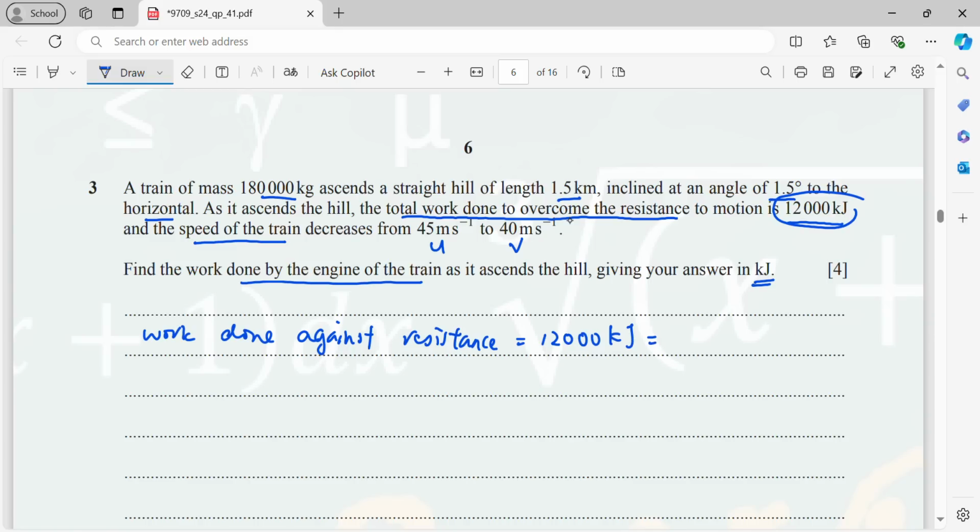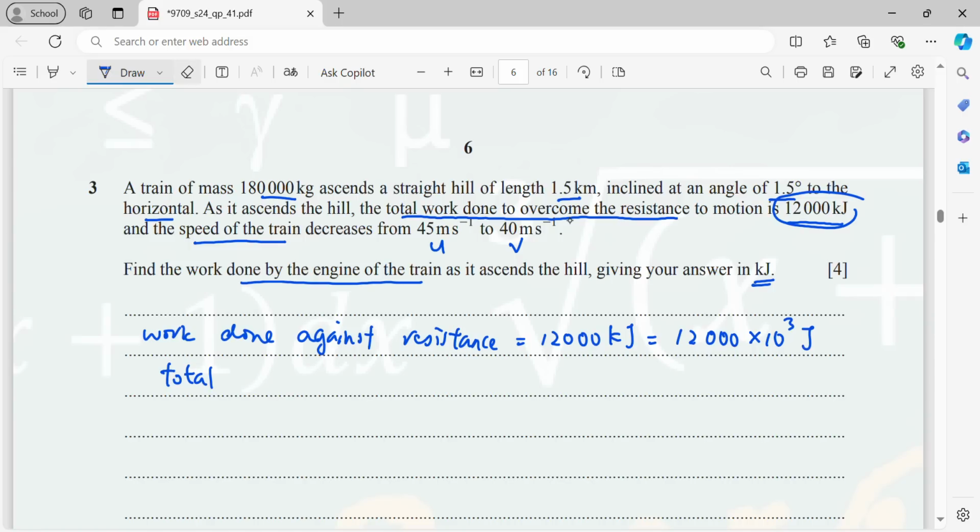But then we know that kilo means 10 to the power 3. That means this is basically 12,000 times 10 power 3 joule. So you must calculate in joule.